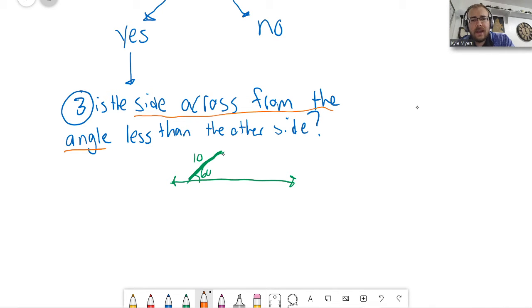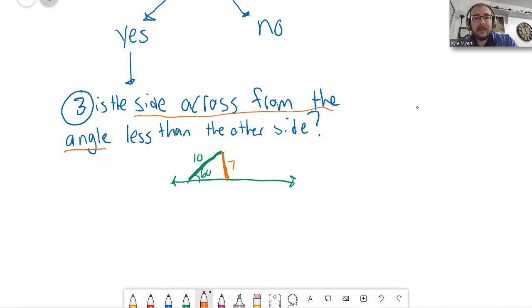So if I have this happen, let's say, right? You can tell that that's going to be less than 10. I'm just kind of sketching this, so we don't know exactly what that is, but it's going to be less than 10. You can kind of tell it's a little less than 10. So let's say it's 7 maybe. Okay?